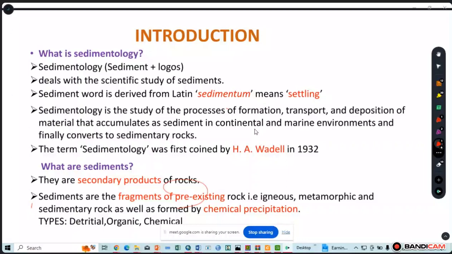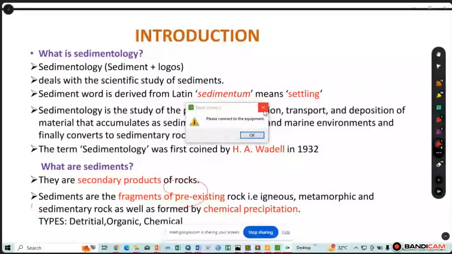The word sediment is mainly derived from the Latin word sedimentum, which means the settling of sediments. Sedimentology is the study of the process of formation, transportation, and deposition of materials that accumulate as sediments in continental and marine environments and are finally converted to sedimentary rock.